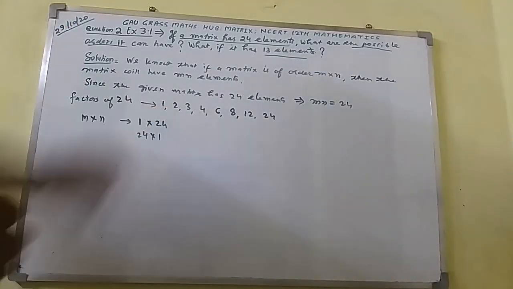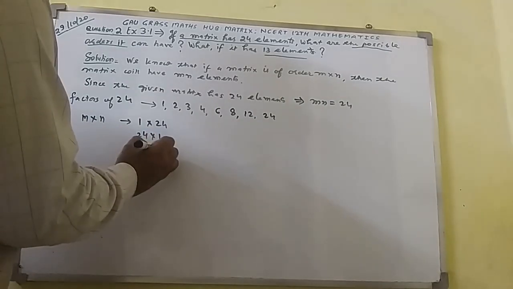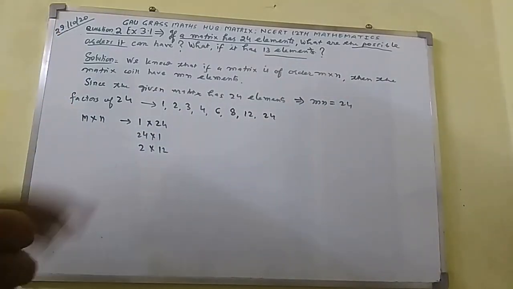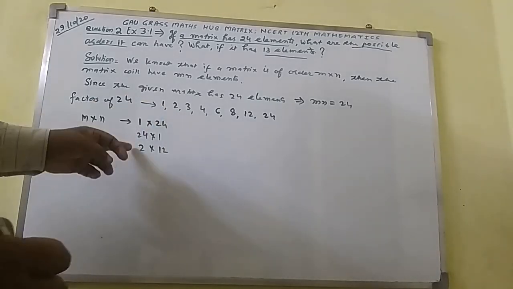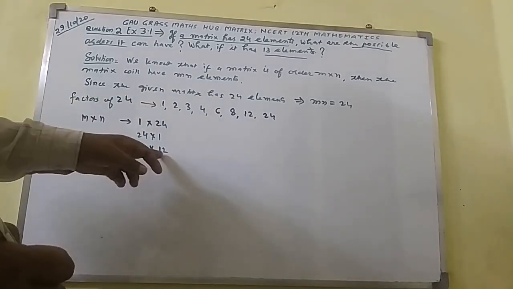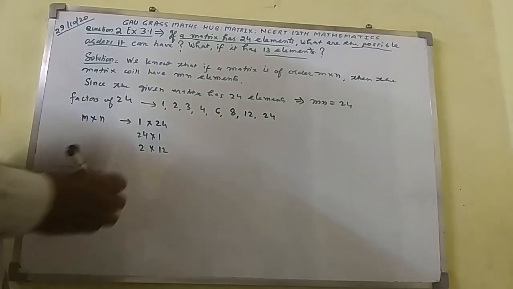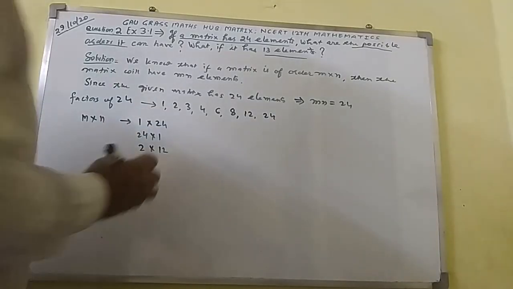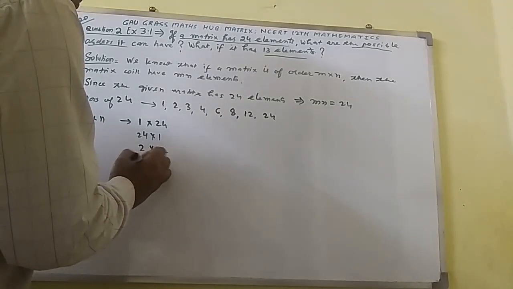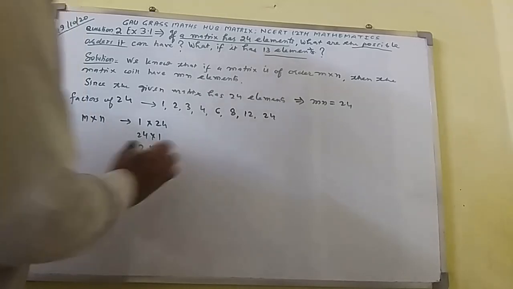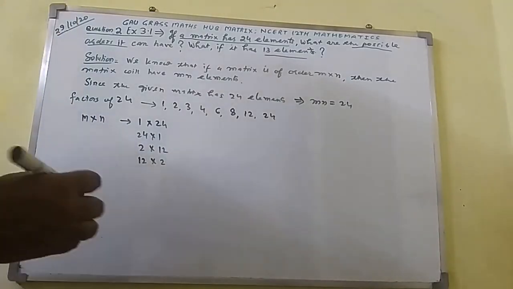Now take 2, so 2 multiplied by 12 gives 24. In each step you will get 24. So just reverse the order: 12 into 2.